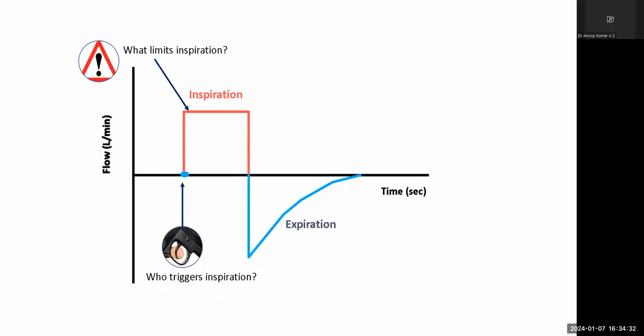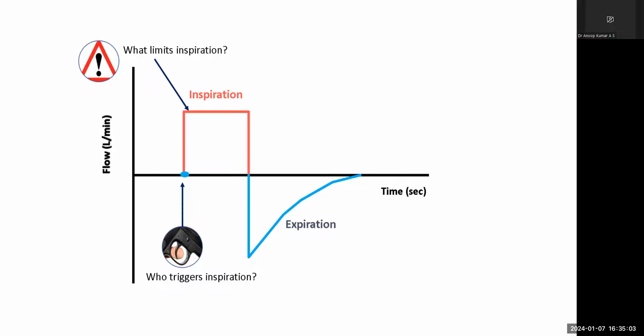Suppose you keep a tidal volume of 400, at 400 ml of tidal volume the inspiration will be limited. So that is the volume control. In other words, the volume is kept constant in volume control mode, and the pressure will vary depending on the airway pressure or the lung compliance. So the pressure is varying, but the volume is constant, or the volume limits the inspiration.